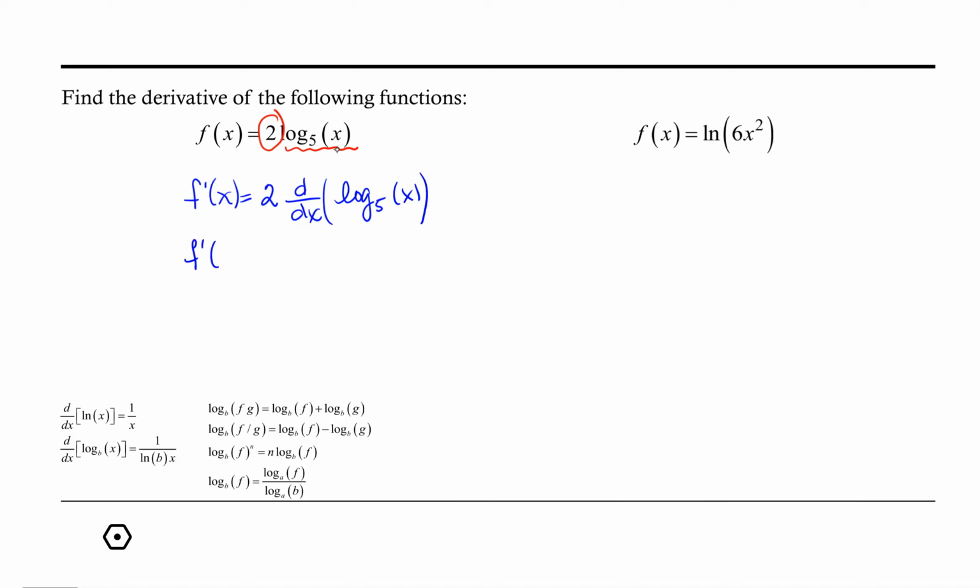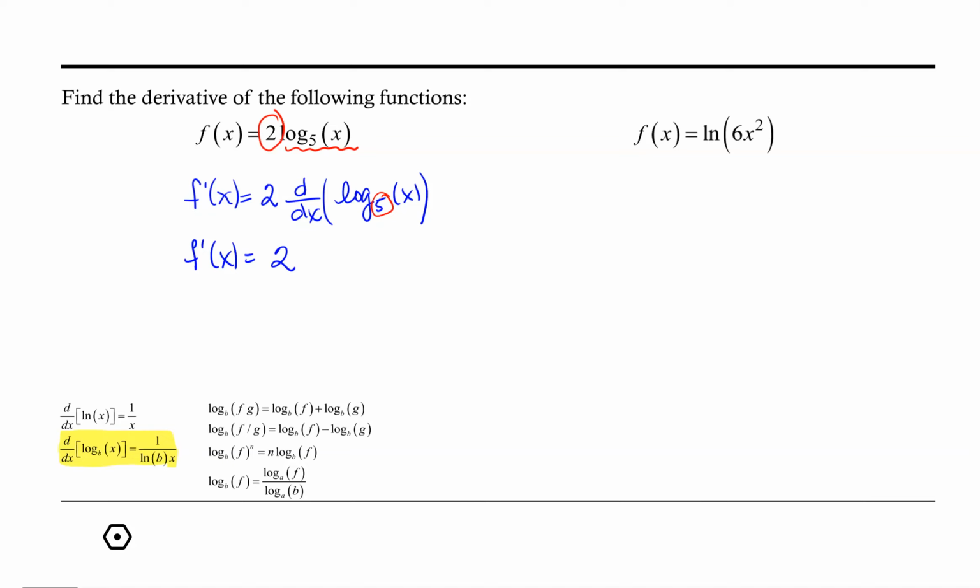Now we can use our rule for the derivative in a base other than e, log base b of x. And what is our base? Our base in this case is 5.